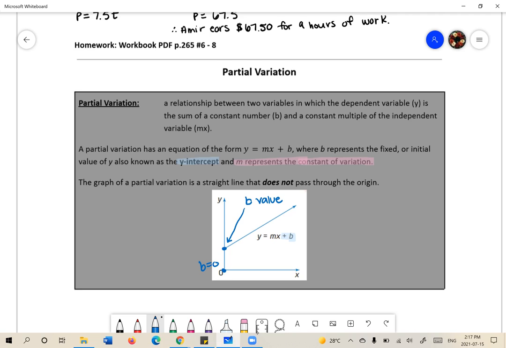Direct variation, the equation is just y is equal to mx because your b value is 0. And when writing an equation and it's just plus 0, we wouldn't include it. We would just omit it. It would just be y is equal to mx, because there's no point in saying y is equal to mx plus 0 when you can simplify it to y is equal to mx.